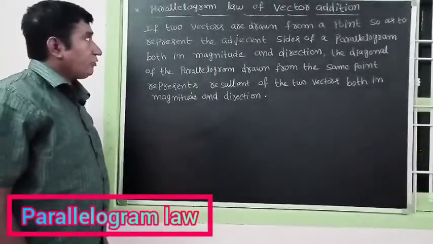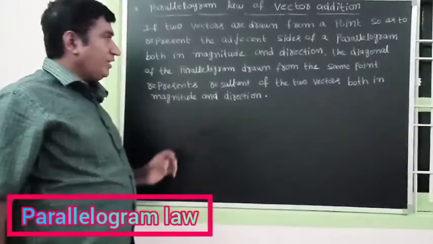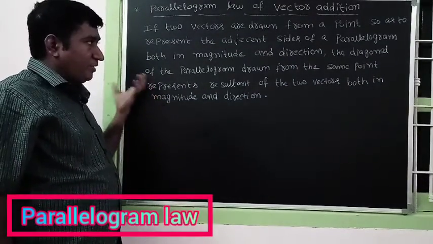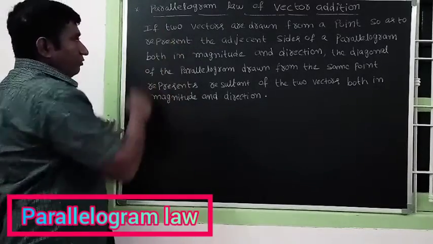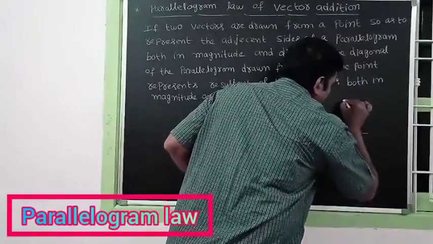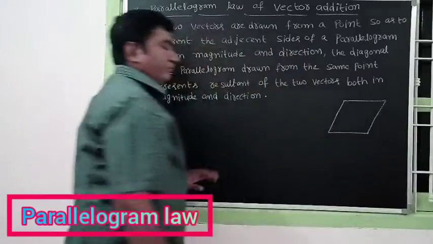Okay. Next one, parallelogram law of vector addition. Here the definition appears large, but it is very simple to understand. Before going to discuss this, you know very well what a parallelogram is. In a parallelogram, we are going to get it like this.